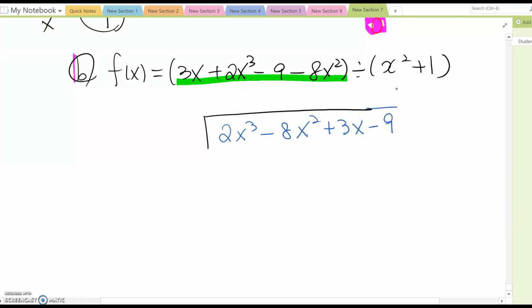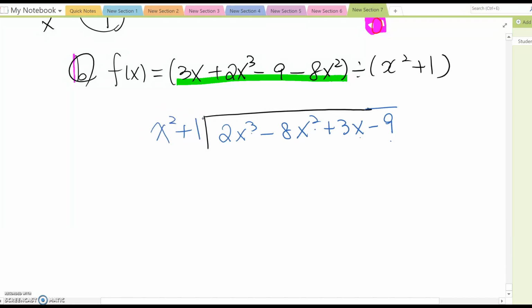When you form this, even if maybe some term doesn't exist, you have to match it: cubic, square, single, and number. Fortunately this time we have every term here: cubic, square, single, and number term. Then now put x^2 + 1.